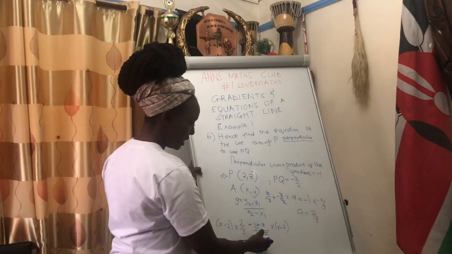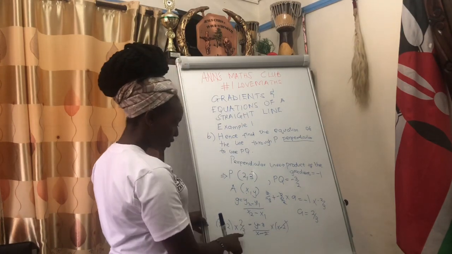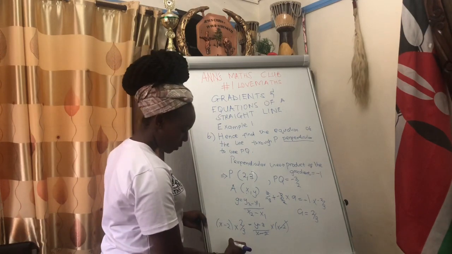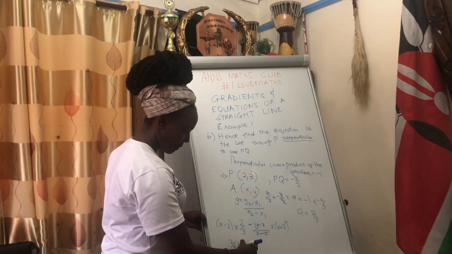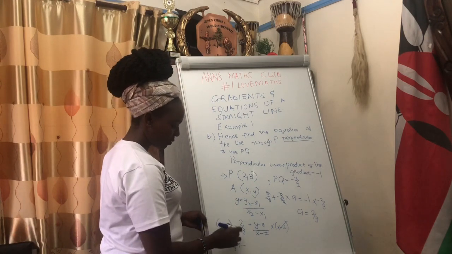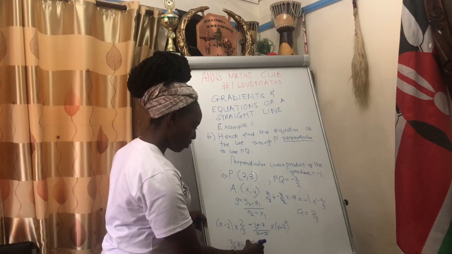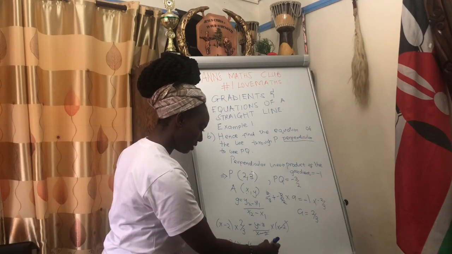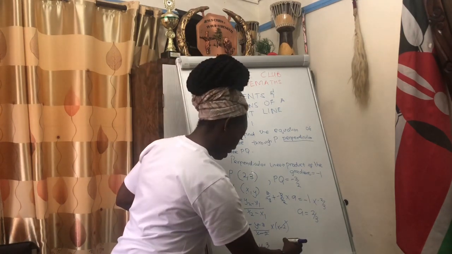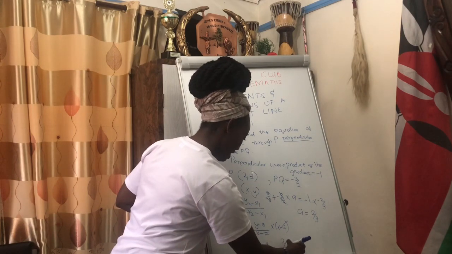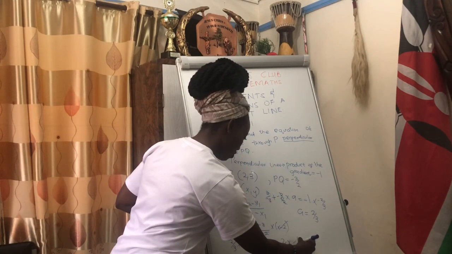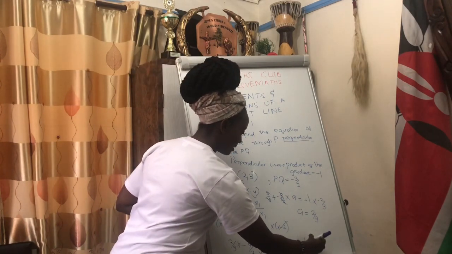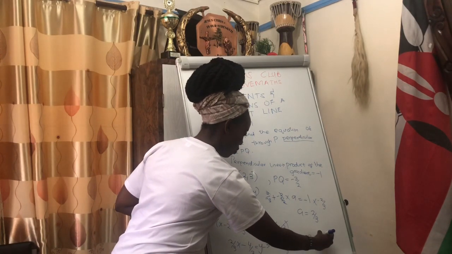On the other side, you open the bracket: 2 over 3 times x becomes 2 over 3x, minus 2 times 2 over 3 becomes 4 over 3, is equal to y minus 3. So this is going to be 2 over 3x minus 4 over 3. You bring the 3 to this side, it becomes plus 3, is equal to y.